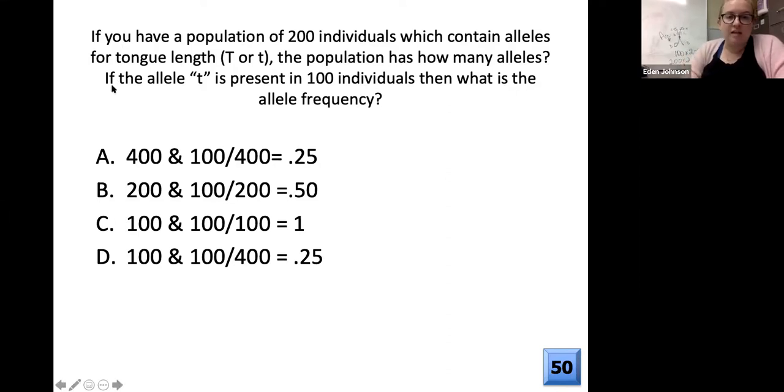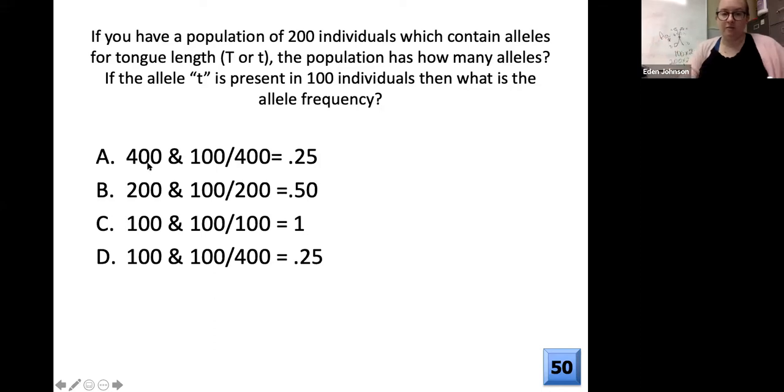Then the next question says, if the allele little t, that recessive allele, is present in 100 individuals, then what is the allele frequency? Okay, so if little t is present in 100 individuals, so you know the number of little t alleles, that's going to be 100 divided by the total number of alleles in that population, which is 400.